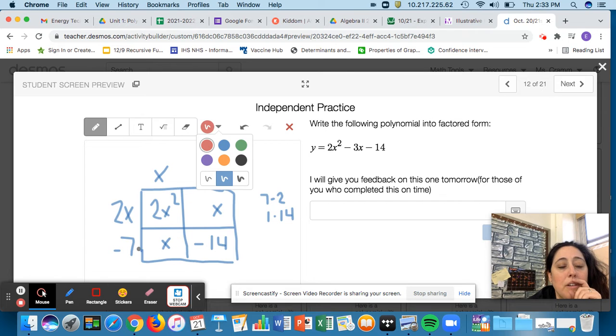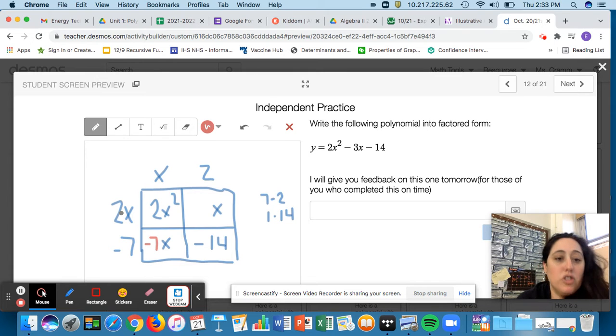Okay, so now negative 7 times x is negative 7x, and 2x times 2 is 4x. Okay, 2 times 2 is 4. Yeah, okay. So negative 7 plus 4, I'm just adding the coefficients in my head, is a negative 3. Oh, and I need a negative 3. Great. So yeah, that works, right?